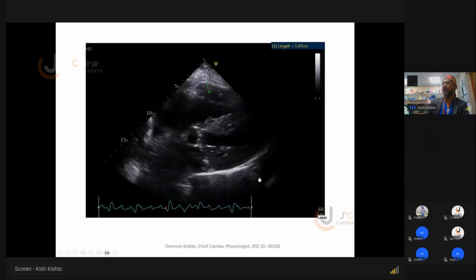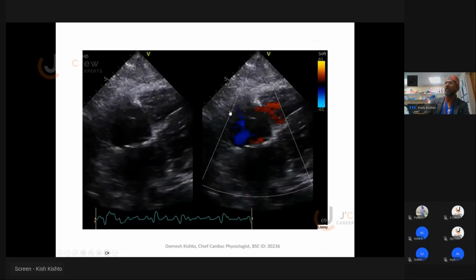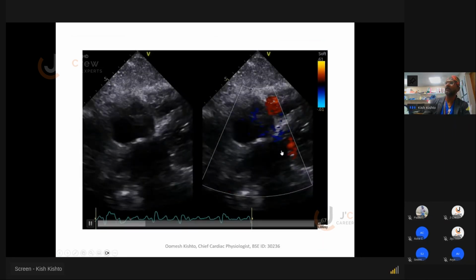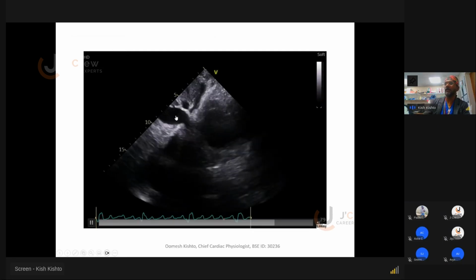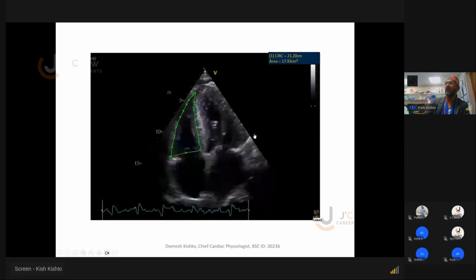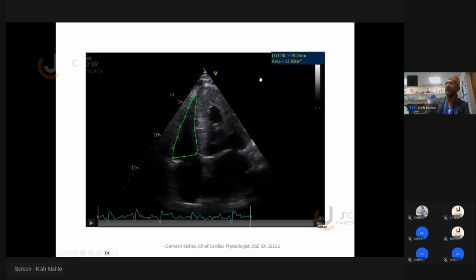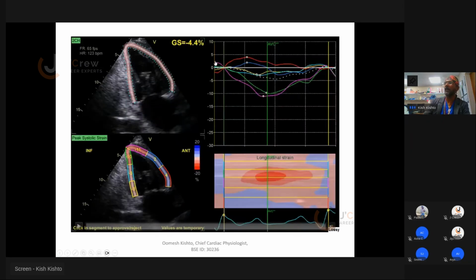Just have a custom view. And the RV, this is the best place to measure the RV wall. As you can see, it is thickened as well. So that's the IVC there. It's dilated, and that's a FAC and the GLS.